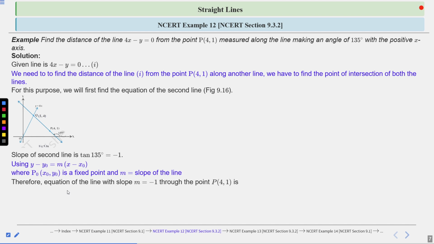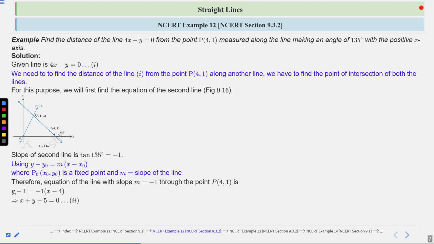Therefore the equation of the line with slope m equal to minus 1 through the point P 4 comma 1 is y minus 1 equal to minus 1 times x minus 4. Okay, so we substitute the value of x naught comma y naught, that is here 4 comma 1, and the slope of the line m equal to minus 1.